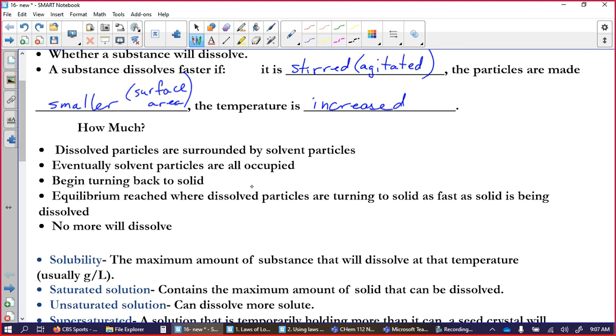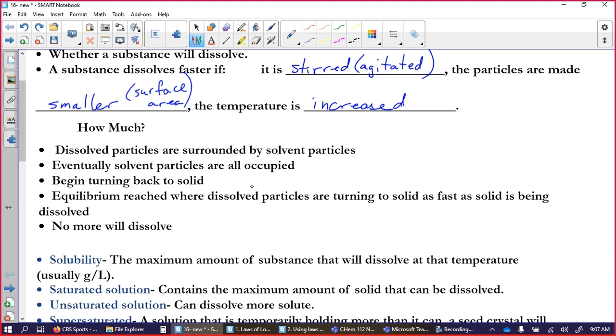So how much can dissolve? As we talked about, if it's water and an ionic compound, you have the water molecules surrounding each ion. So depending on what the solute is, you can occupy all of the water. There's not enough space around to get anything else in.